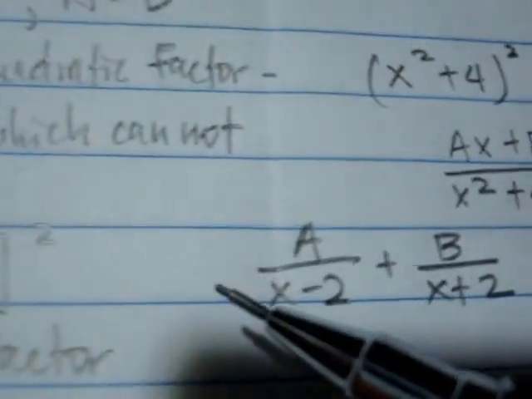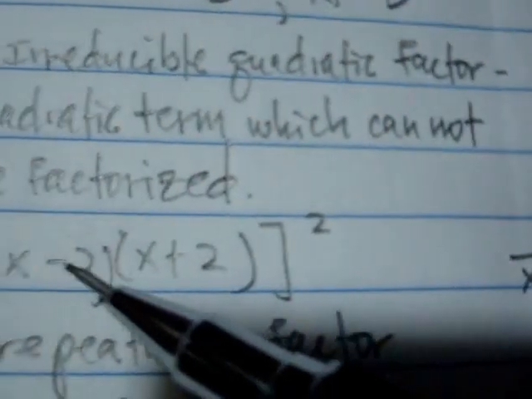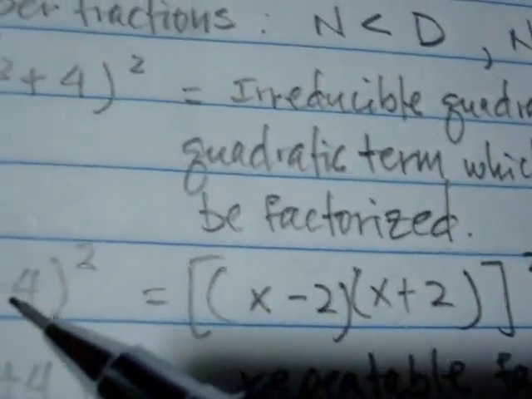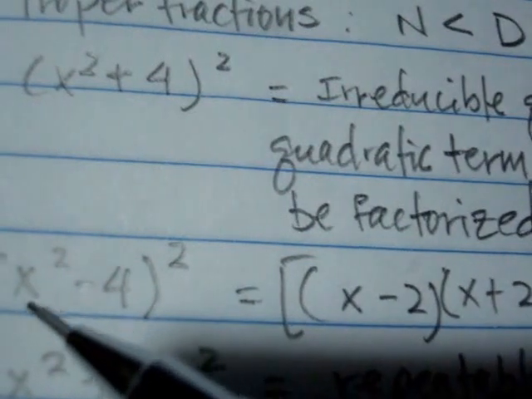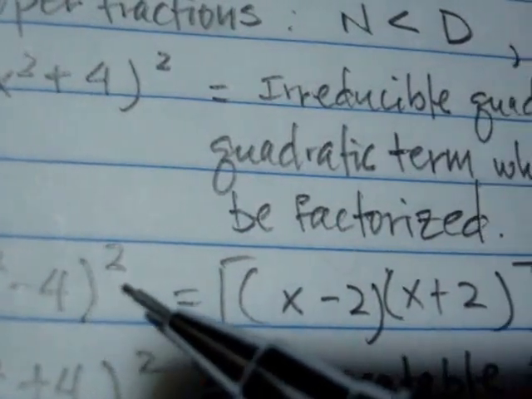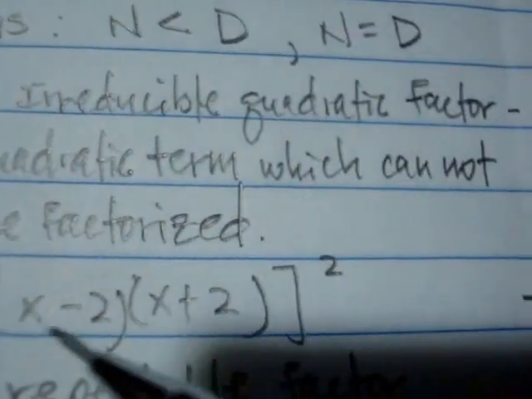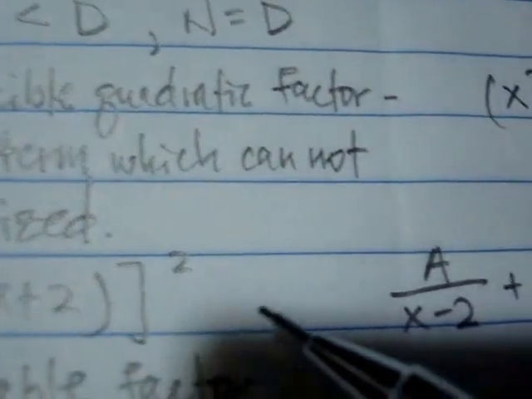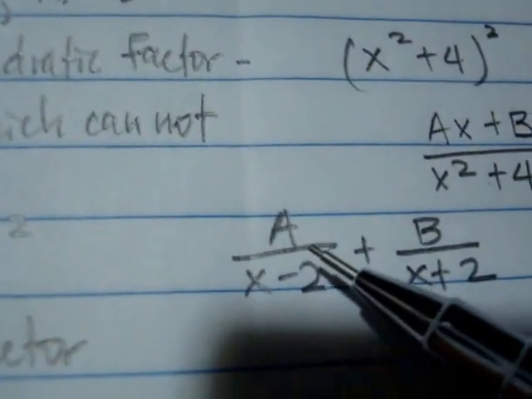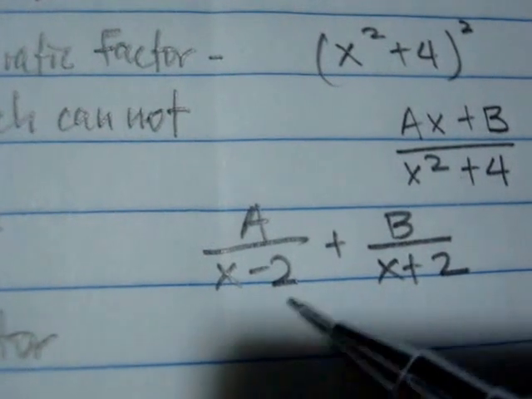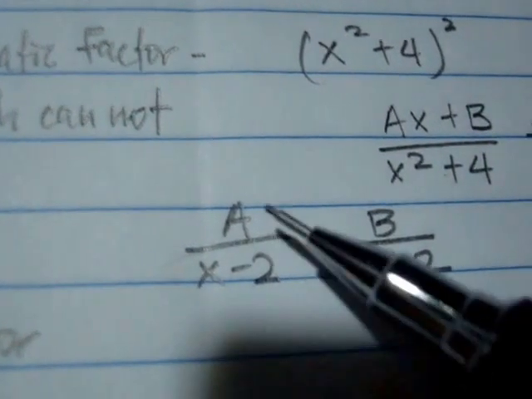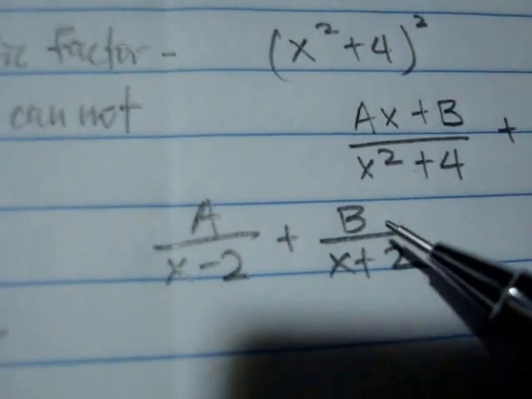But if you were given a form that is reducible, like for instance this case right here, x squared minus 4 raised to the second power, with this reducible form, then you just assign a letter for each of these expressions.